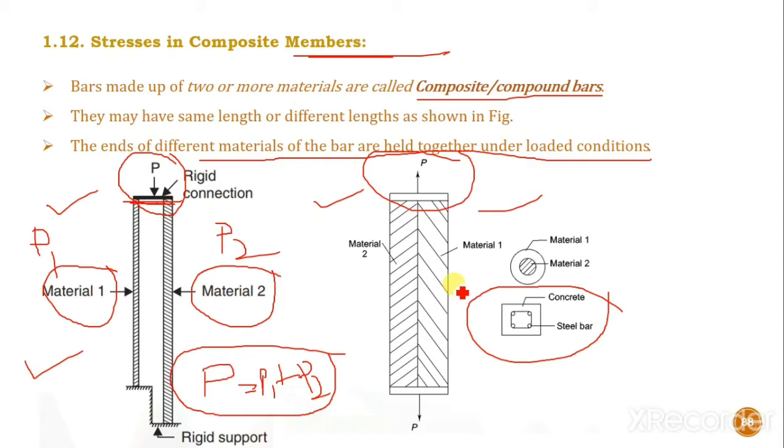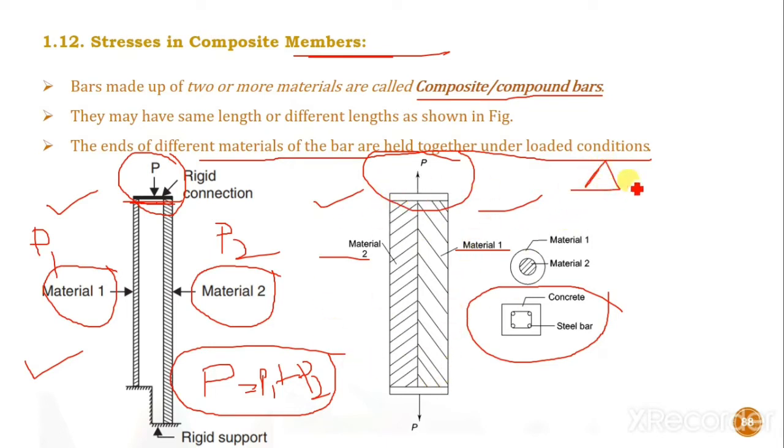But when they behave as a composite member, coming together to form a single member, their behavior changes a bit. The increase in length in material 1 and material 2 is surely going to be the same. As you can see here, the change in length is the same.